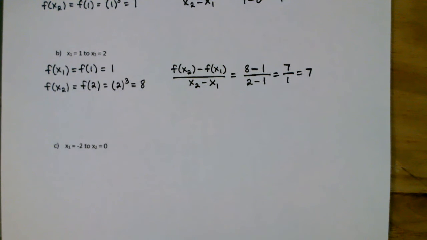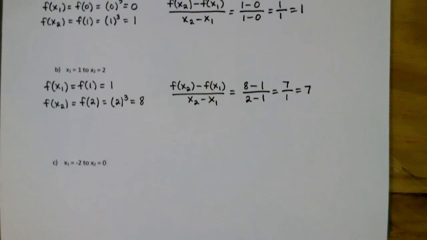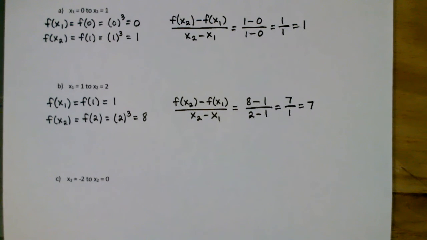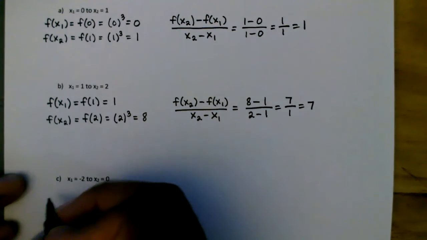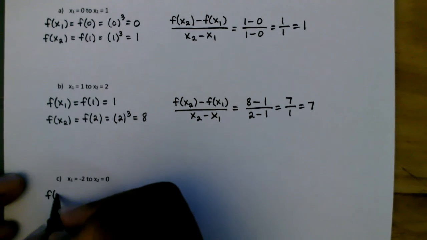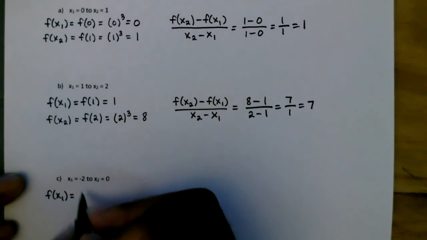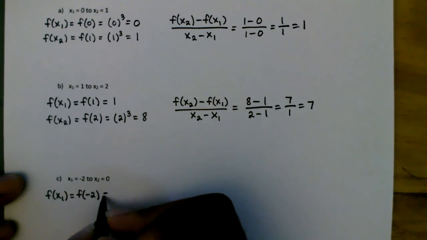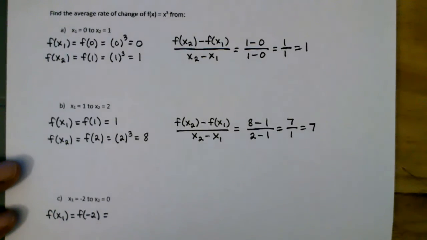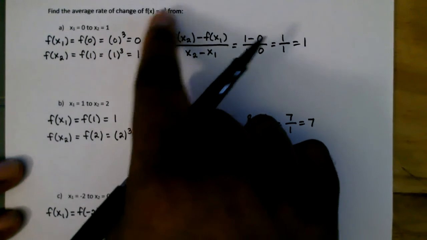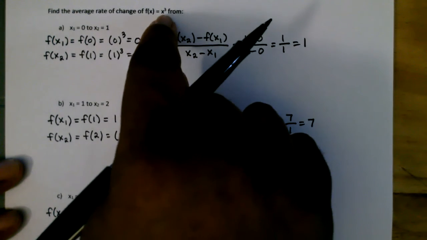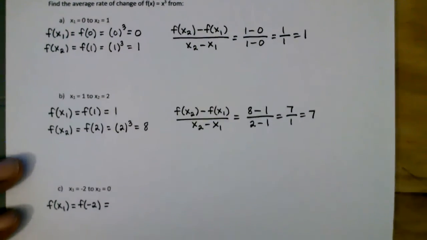And then finally, x1 equals negative 2 to x2 equal to 0. And so let's begin by finding f of x1. And x1 is negative 2. So we need to evaluate f of negative 2 by substituting the x in this f of x function with negative 2.